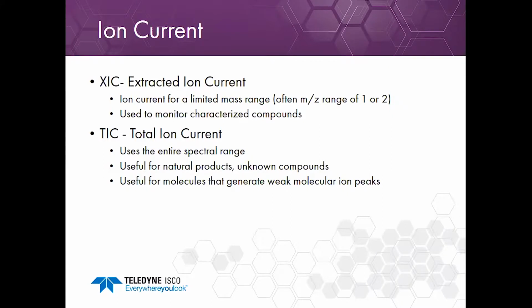The total ion current, TIC, uses the entire spectral range. It's useful for natural products or other unknown compounds. It's also useful for molecules that generate a weak molecular ion peak or tend to fragment. Sometimes you can do the detection by looking at the fragments of the molecule rather than the charged species that isn't in pieces.